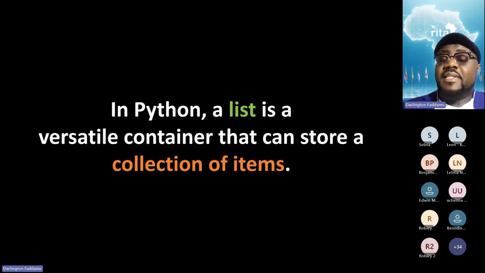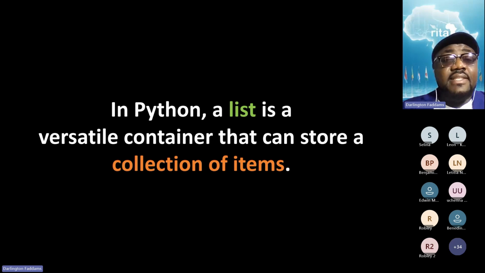So sometimes to make your program more intelligent, we allow you to combine data and store it in a special container. This is why list is referred to as a container that can store a collection of items.